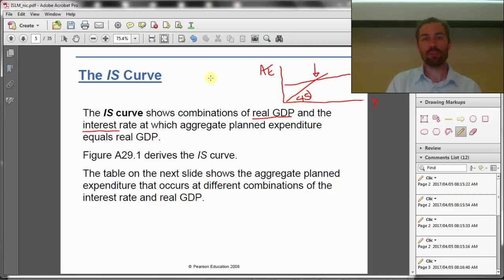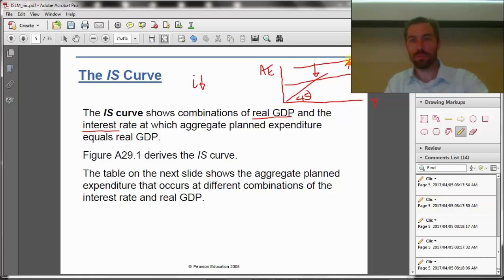If we assume the interest rate goes down, what happens to our aggregate expenditure curve? Our aggregate expenditure curve shifts upwards. So if our interest rates go down, our aggregate expenditure curve shifts upwards. What that would mean is essentially we have a different point of equilibrium. If this was our initial point of equilibrium, we've now got a new point of equilibrium.